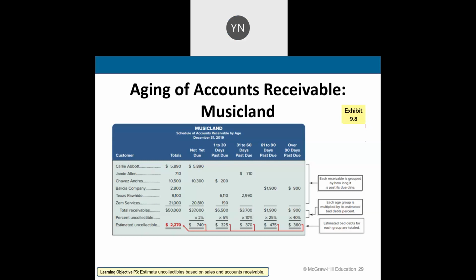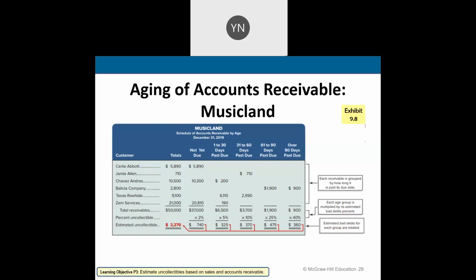I would debit the account receivable and credit the bad debt. Excuse me. I would debit the allowance for doubtful accounts to reduce the allowance for doubtful accounts.